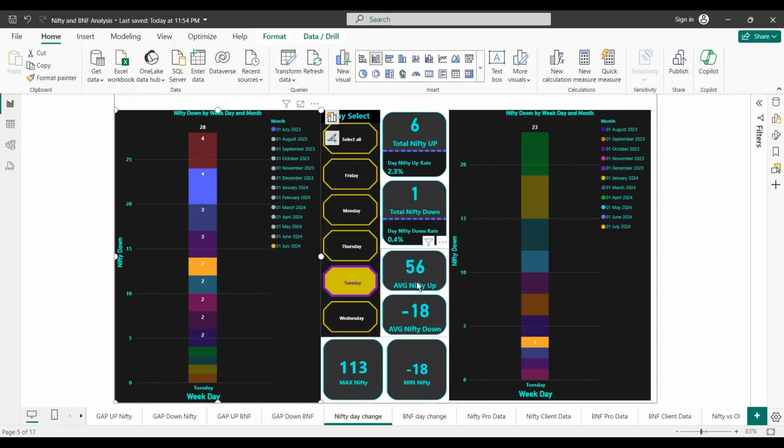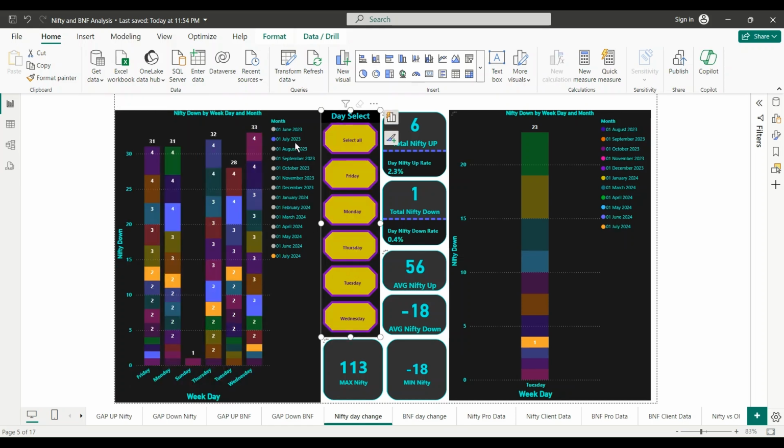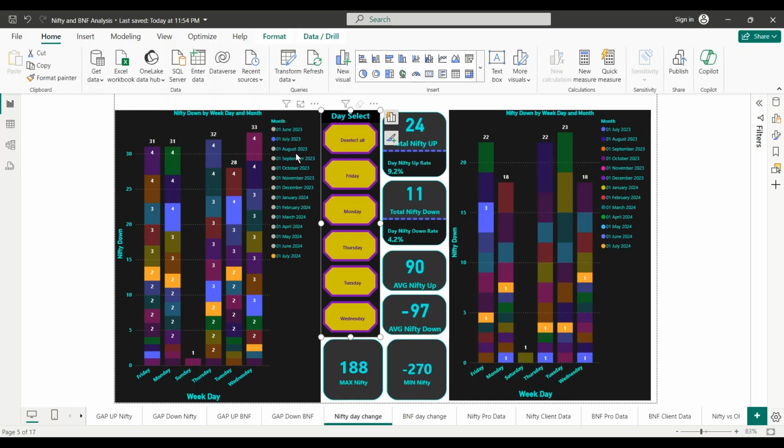So this is what the historical data gives. On top of that, we have the budget and all. But let go of the budget and let's see how it behaved in August. Let's select all, then choose August.